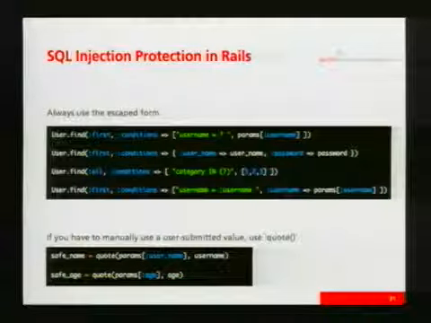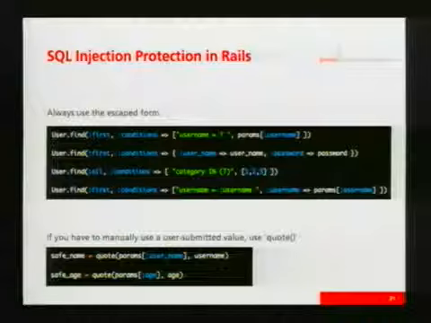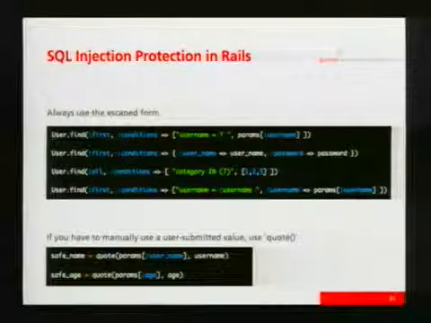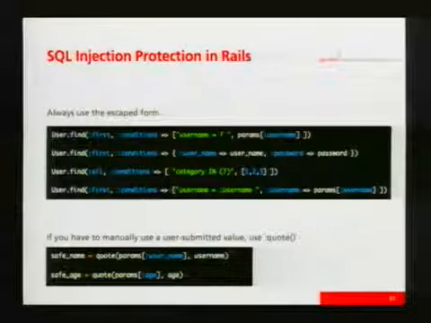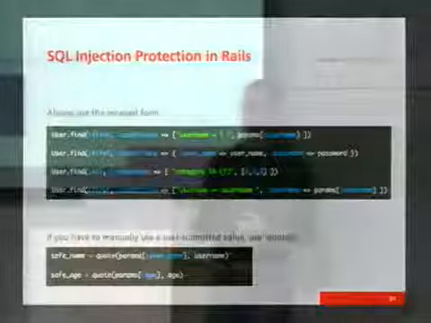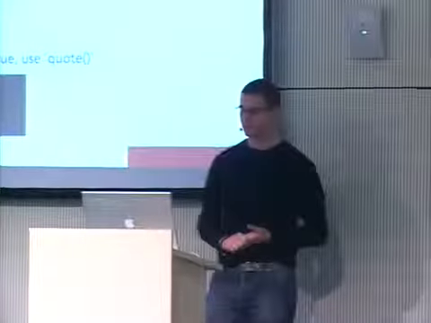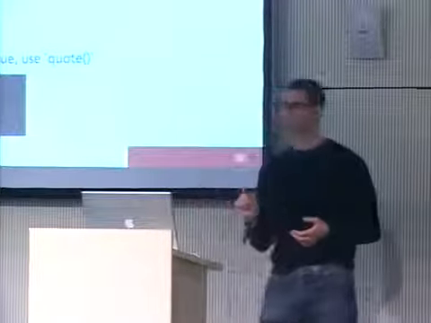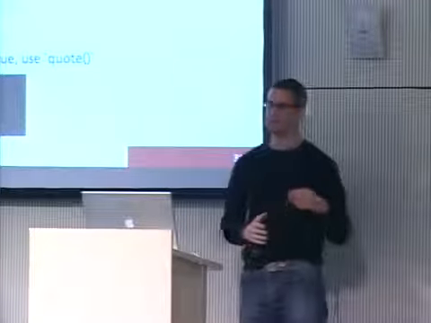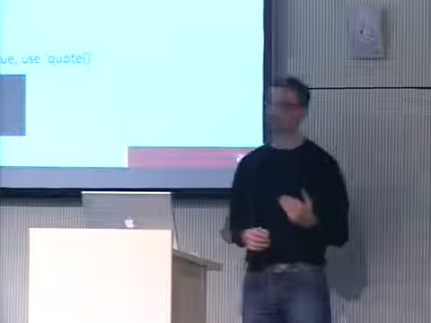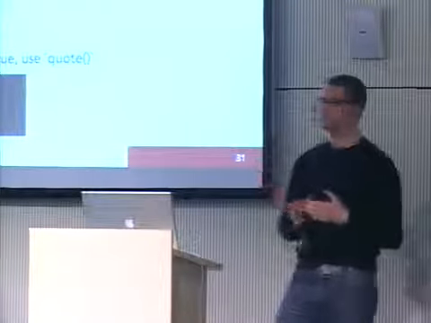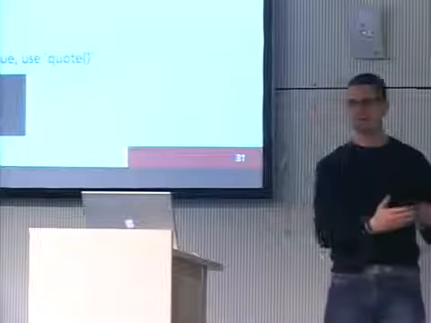So you can even use this kind of name lookup definition. If you ever have to manually use a value that is user submitted somewhere in your assembled queries, always use the quote method. The quote method will ensure that the value is properly quoted depending on the database that you are using. You can even pass it a second argument that tells it which attribute this value is matching against. So it will then quote integers differently than strings, because it will look up, oh, you're trying to quote the username, which is a string, so I will quote it as a string.